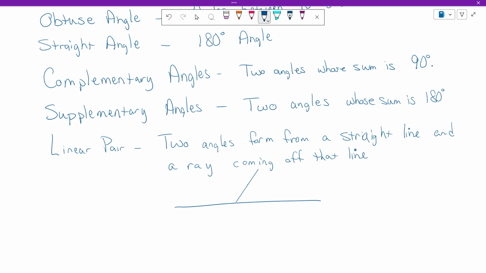This is a linear pair. They have a straight line and then a ray that comes off of that straight line. So they look like that.